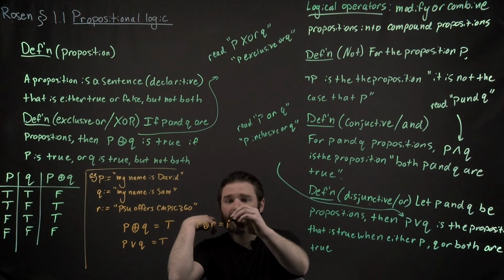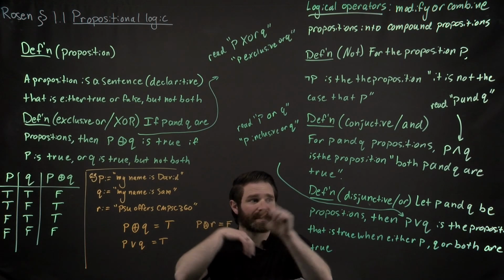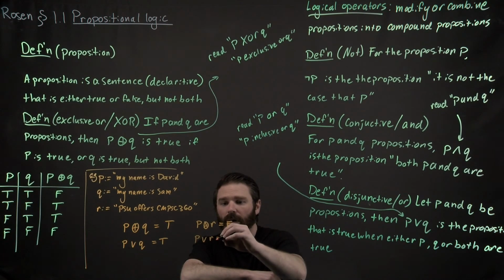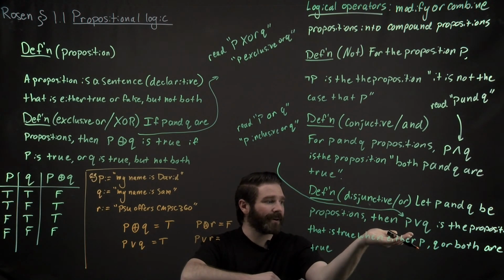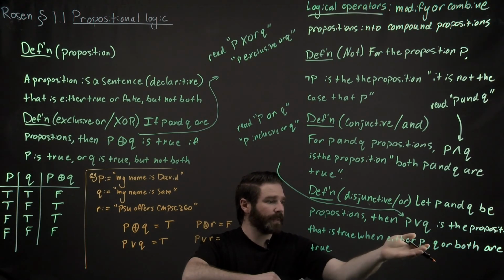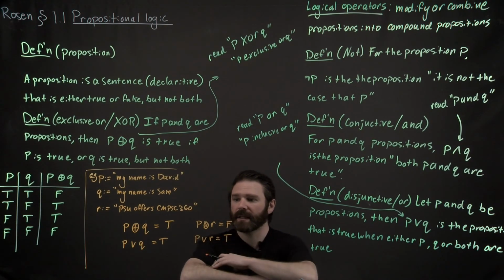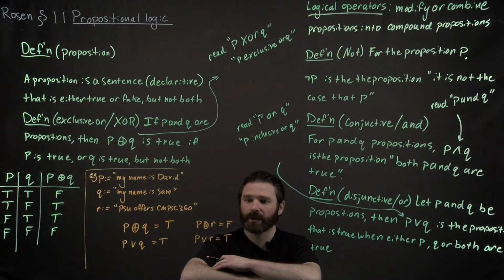So this is false. Whereas the disjunctive OR over here, if we did P or R, well, that doesn't care if they're both true or not, right? Right here in the definition, it says either P or Q or both are true. So in this case, this is going to take the truth value of true right here.